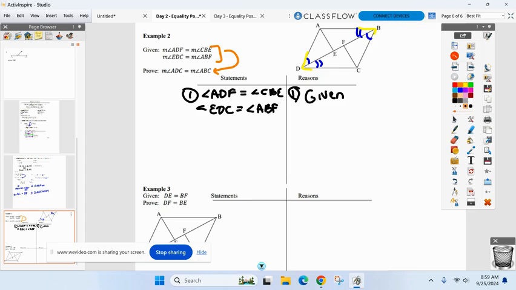It's right up here. What do I need to do to these two angles to get to ADC? I've got to add them up. And what do I do to these two angles in the givens to get to ABC? I also have to add. How many quantities do you need to add? How many before I can add? 2. How many did I give you in the givens? 2.